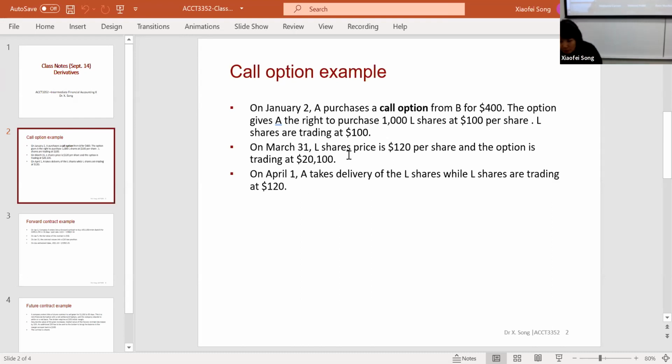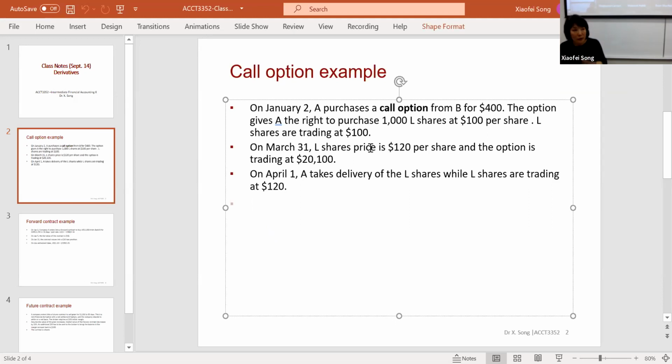So first of all, let's look at this. What's the value of the option? Let's read the story first before we go on. On March 31st, L's share price is $120 per share, and the option is trading at $20,100. This reinforces what we just said: the option's value changes with the underlying item's value.